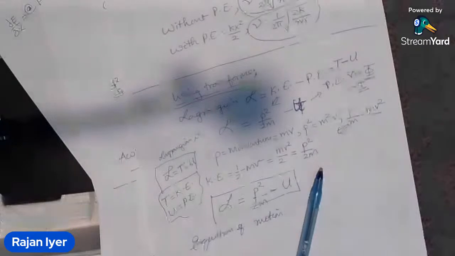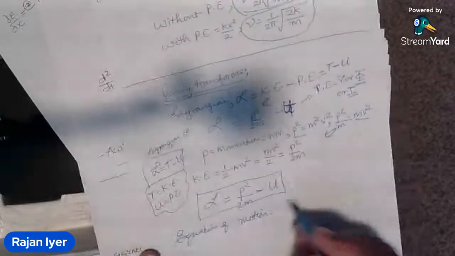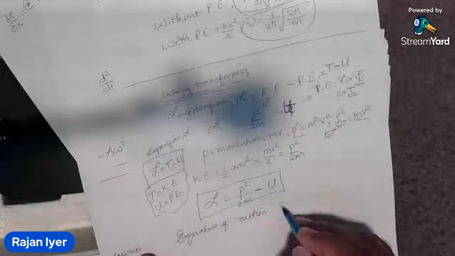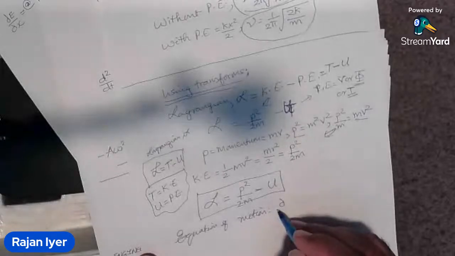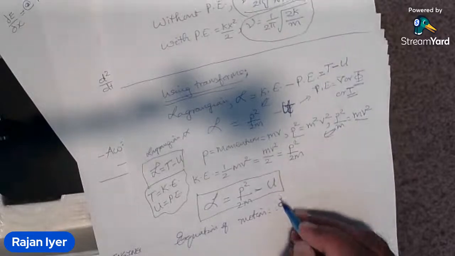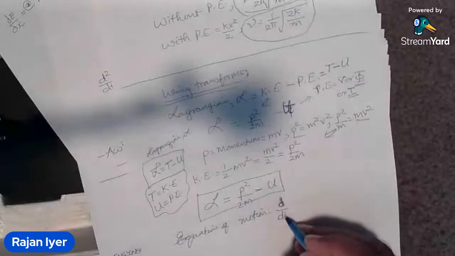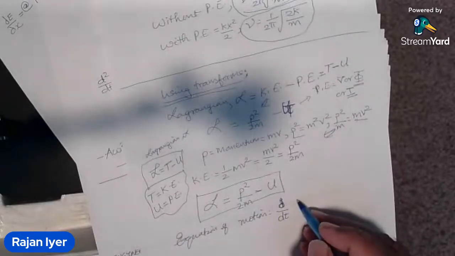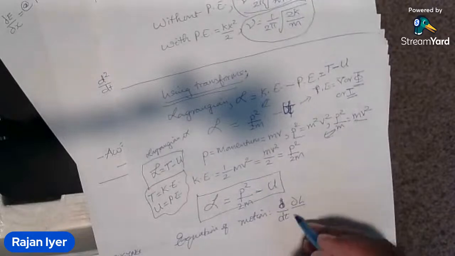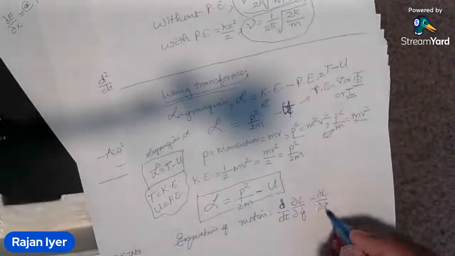So the equation of motion is actually very similar to Euler. The Lagrange equation, with time, is a full differential. Normally it is written d over dt of del L by del Q prime, minus del L by del Q, equals 0.